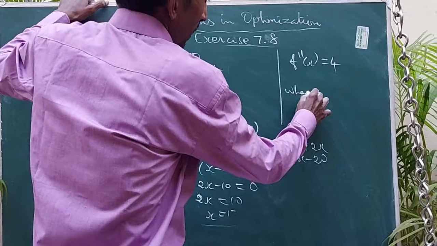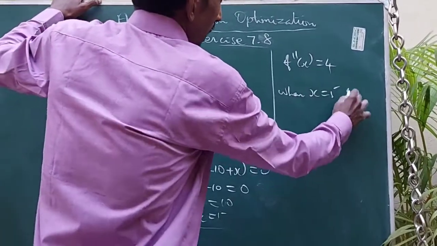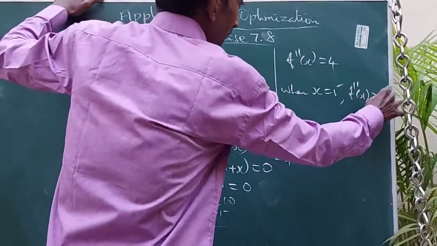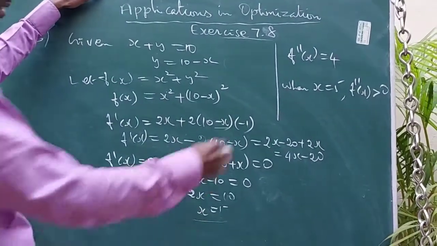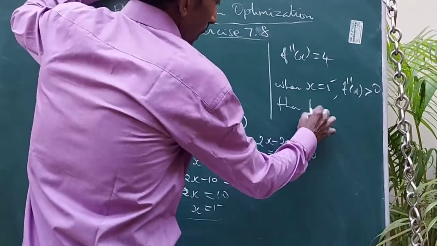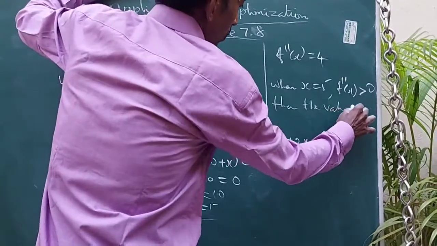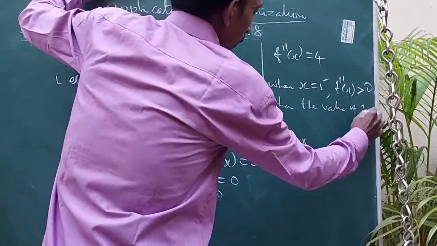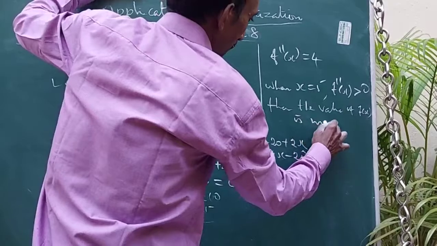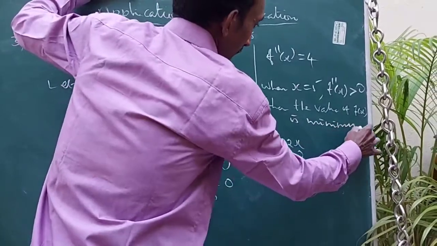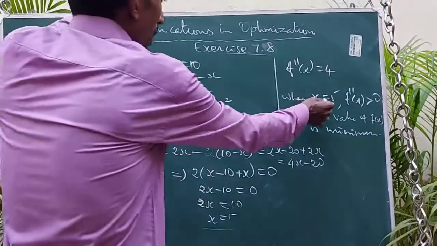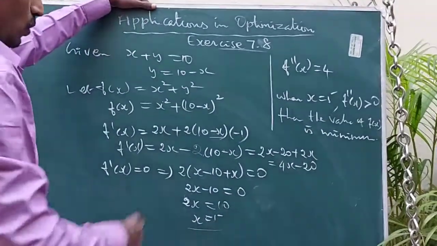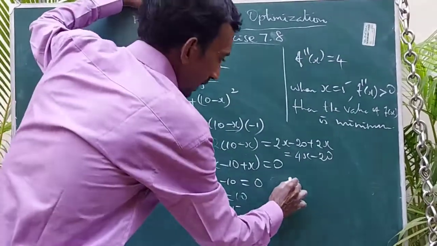So when x equal to 5, f double dash of x is greater than 0, then x equal to 5 gives the minimum value of f of x. Here they are asking the minimum value, so f of 5 is the minimum value.